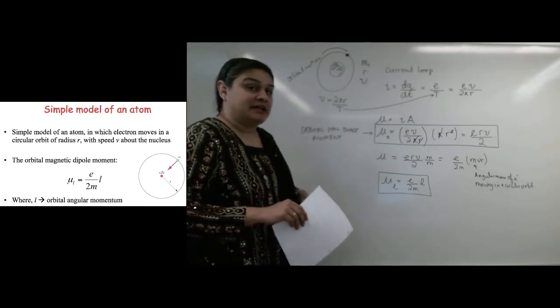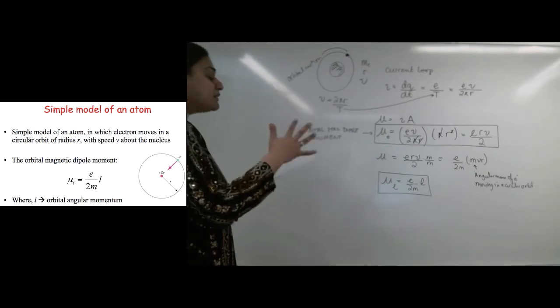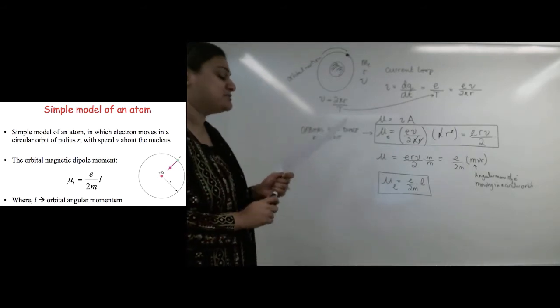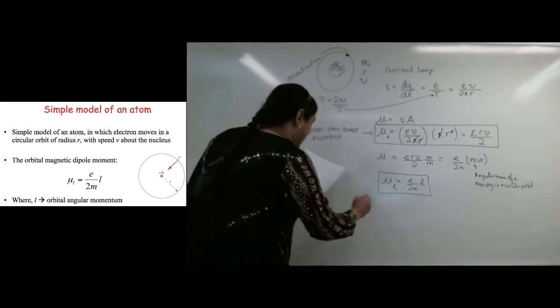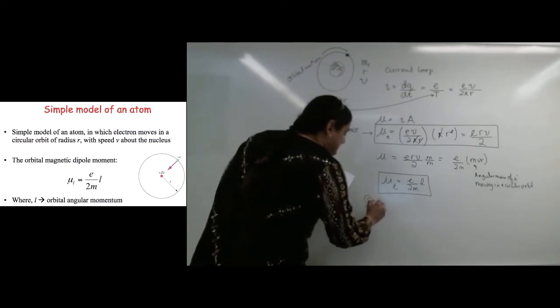Another thing that might not be very necessary, but is a good idea to know: angular momentum in quantum mechanics is measured in terms of h over 2 pi, where h is Planck's constant.